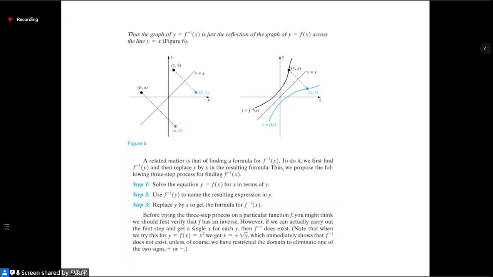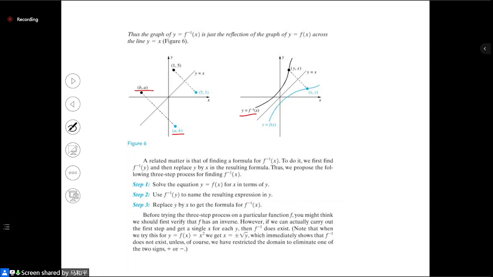So (1, 5) is the reflection of the point (5, 1) across the line y equals x. A point (a, b) reflects to (b, a). So the graph of y equals f inverse x is the reflection of the graph of y equals f(x) across the line y equals x.